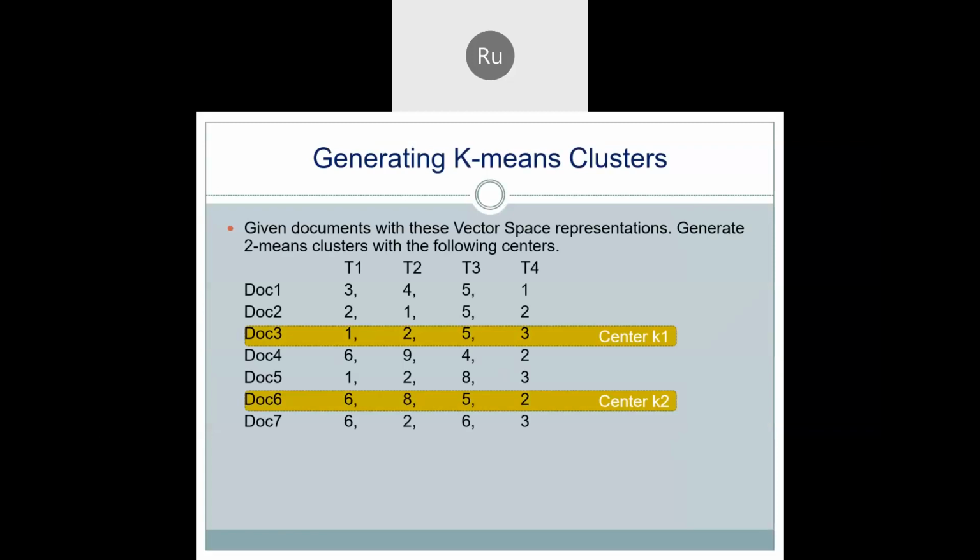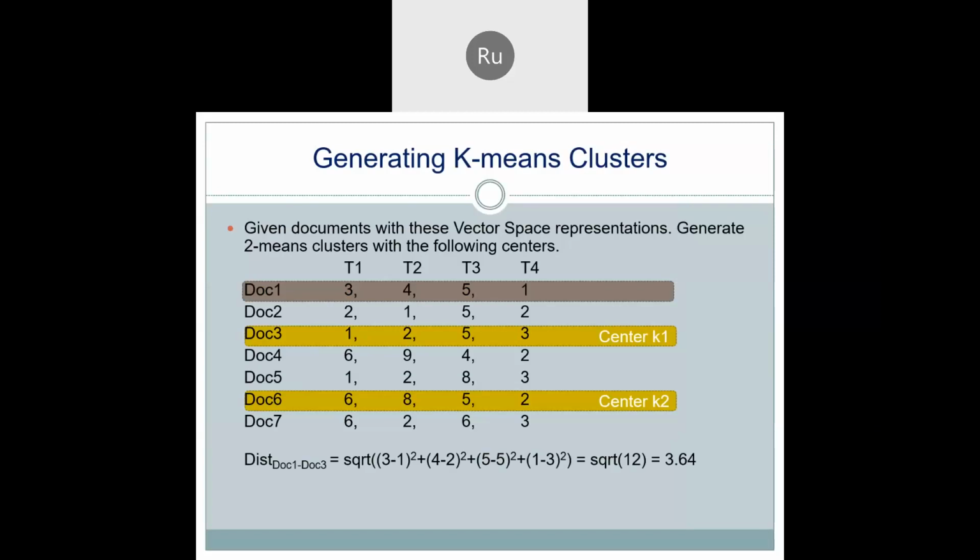These centers are picked randomly. For document 1 up to document 7, we will assign them to the nearest centroid. We can use the Euclidean distance to measure the distance. For this one, these are the distances.